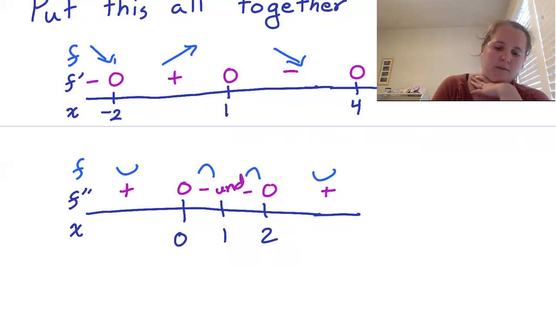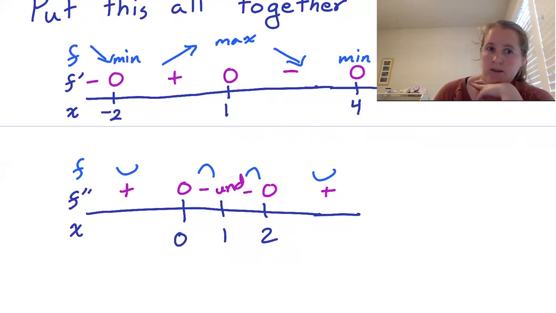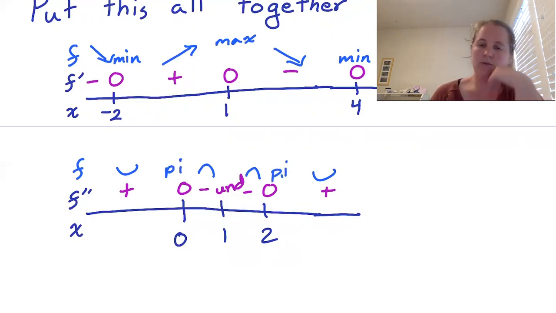So we again had a min at -2, max at 1, min at 4. And then we had points of inflection at 0 and 2. And then something going on at 1.